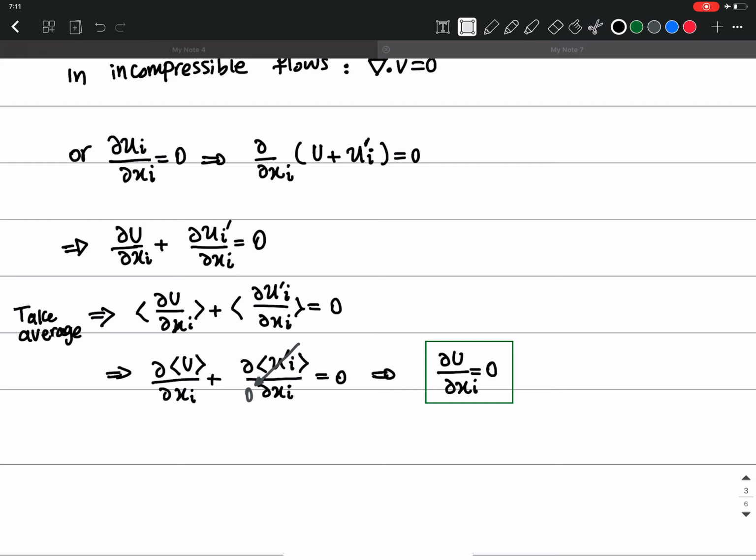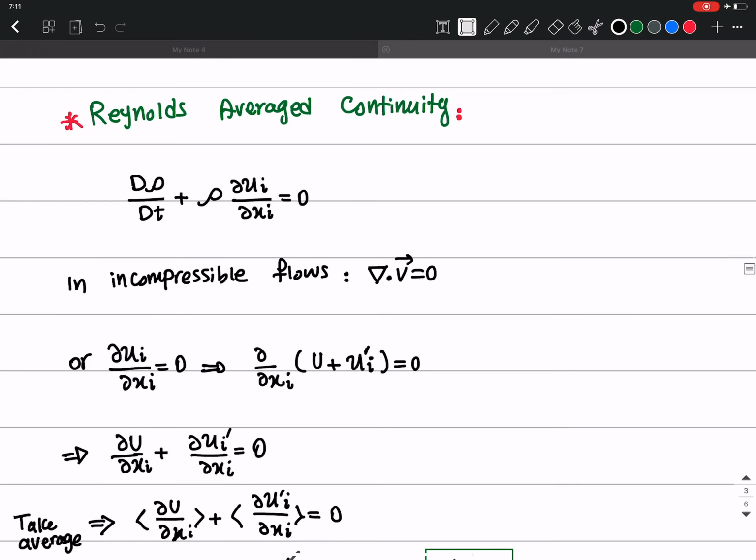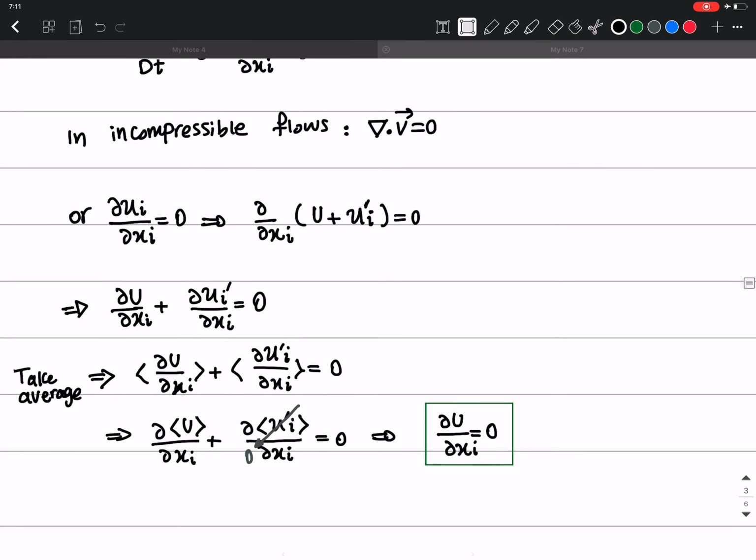Interesting. So this means that the continuity in incompressible flow becomes partial capital U over partial xi equals 0. But even more interesting than this, we can put this into this equation. If you put it there, what are we going to get? This means that this term is 0, and thus this term has to be 0 as well.